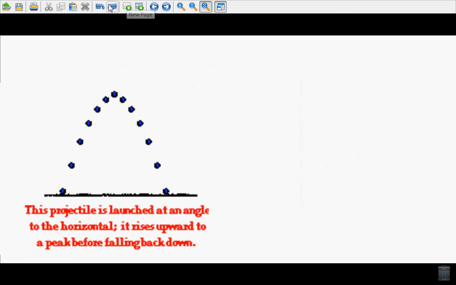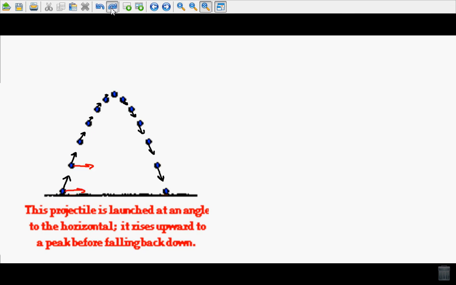Now, looking at an object that's been launched at an angle is slightly different, but it involves a lot of the same things that we've already looked at, which is there is a vertical and a horizontal component. So if we examine this object, you'll notice that it has this projectile motion path it seems to follow. And all of these seem to be at an angle to each other. Now, with each one of these, there is a horizontal component. So as the ball is traveling upwards, it's also traveling to the right as well.